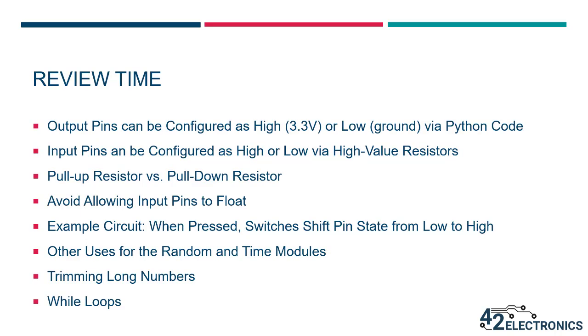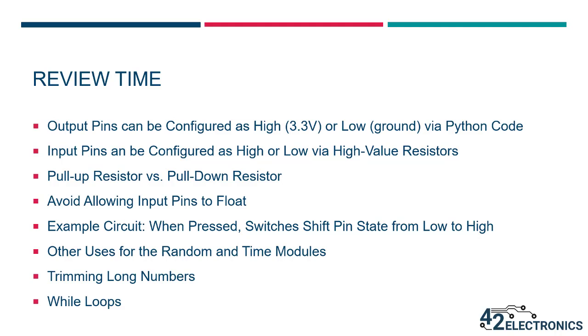Okay, before you move on to the activities for this lesson and create that really fun two-player game, let's take a few moments and review the concepts we discussed both in the last video and in this video. Now, back in lesson A-16, we walked through the code to configure output pins as either high, 3.3 volts, or low, ground. But in this lesson, we learned to use high value resistors to assign input pins a default high or low state.